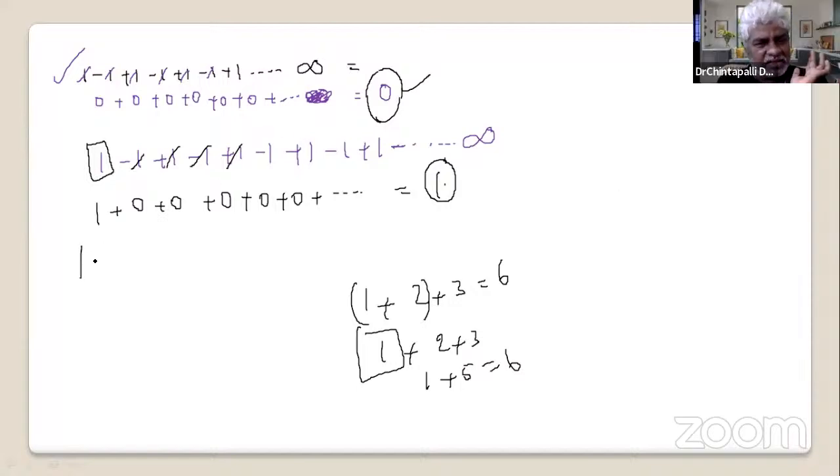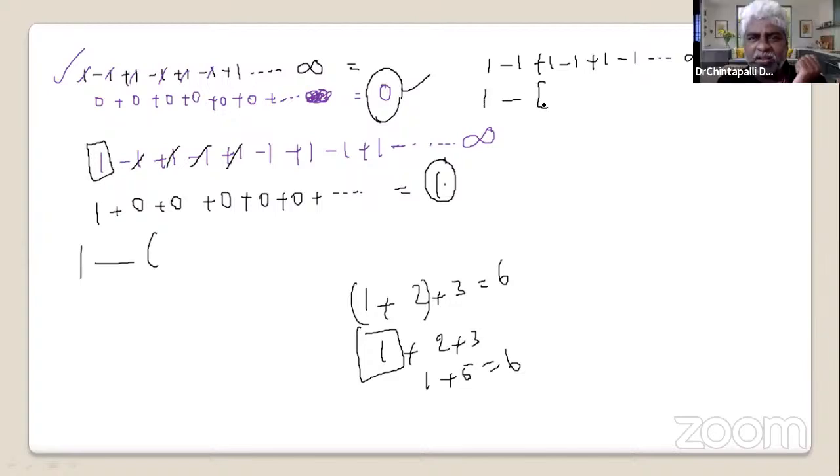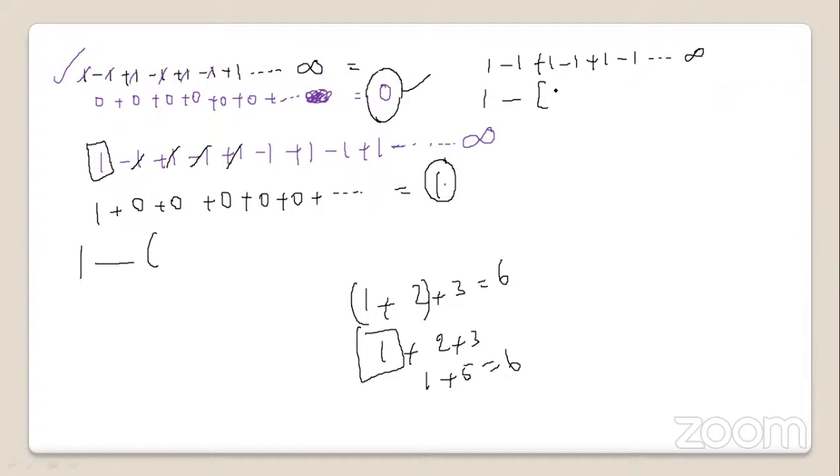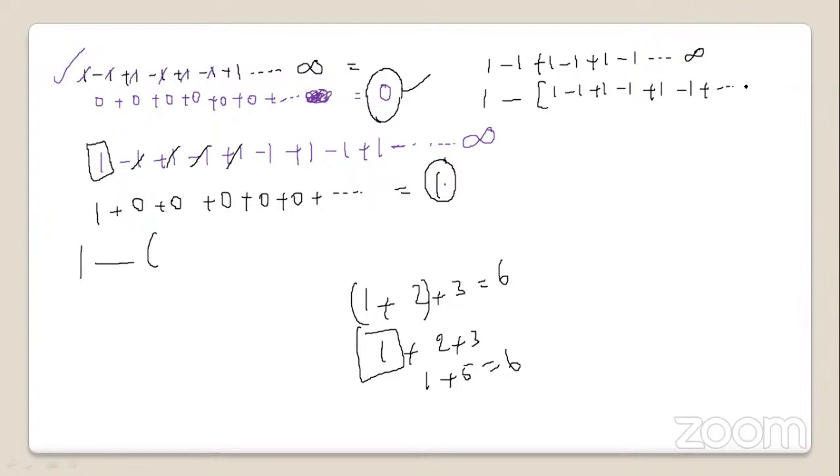Suppose the question is like this. For clarity, I am writing the same series like this: 1 minus 1 plus 1 minus 1 plus 1 minus 1, and so on to infinity, right? Yes, sir. See, 1, take minus common from the remaining terms: 1 minus (1 minus 1 plus 1 minus 1 plus 1 minus 1 plus, and so on to infinity).